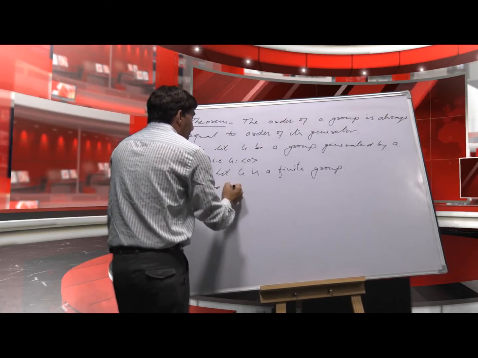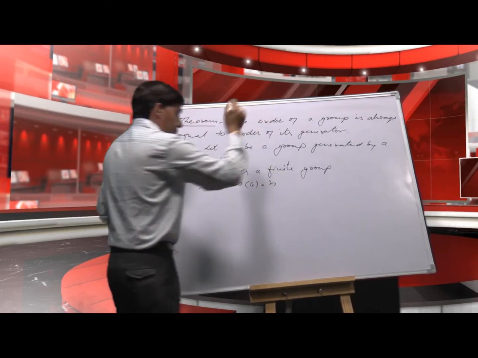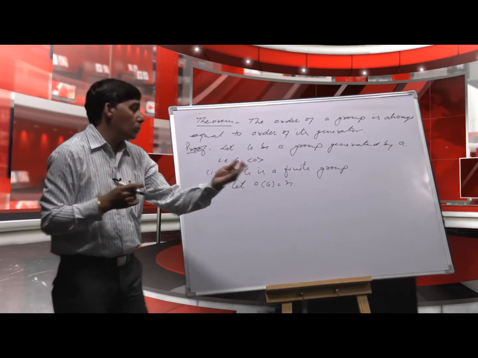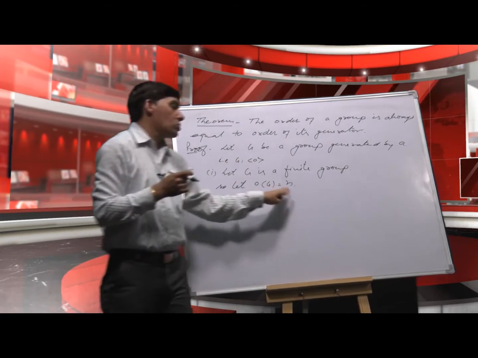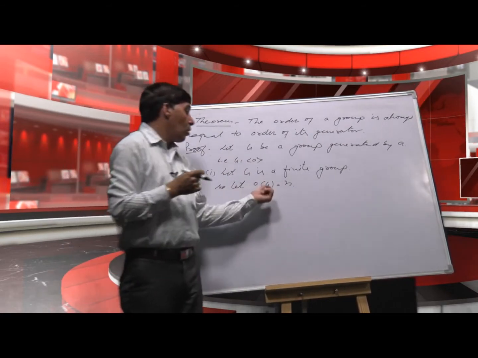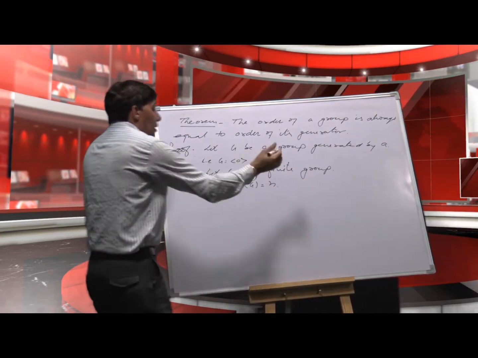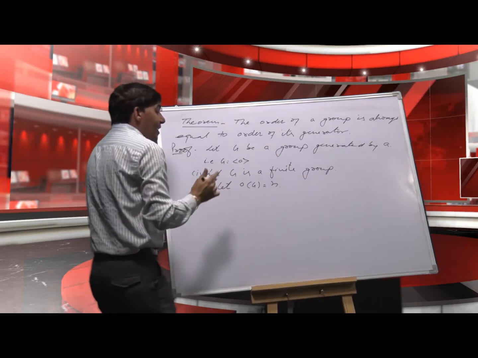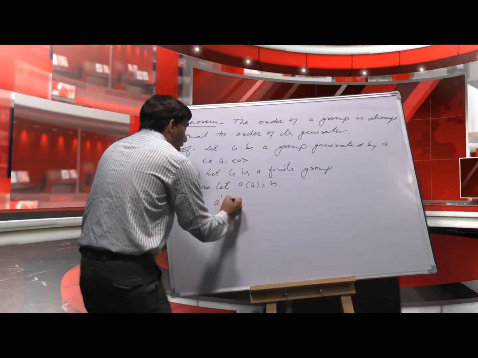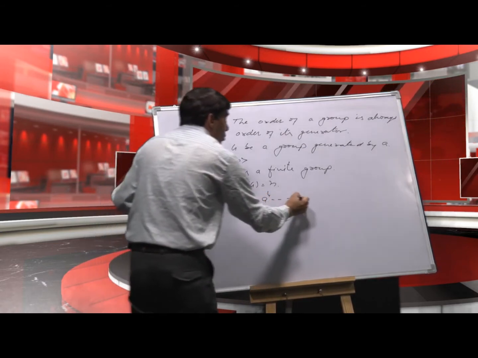Let the order of G be equal to n. G is a finite group, that means the number of elements in the group is finite. Let the number of elements of the group be n, that means the order of G is equal to n.